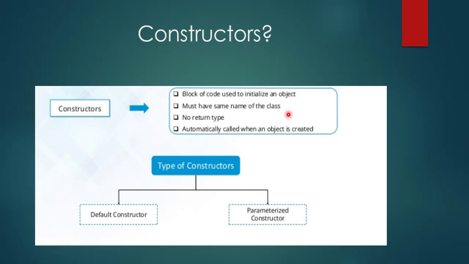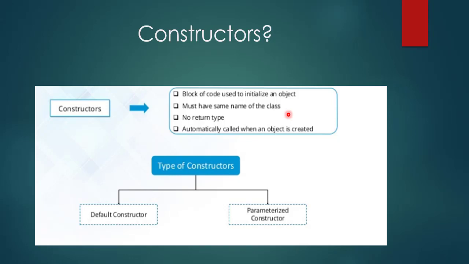If you are creating a constructor of a Student class, then you just write a method with the same name, Student. This is the constructor. Remember that the constructor has no return type. It is automatically called when an object is created. These are the definitions.